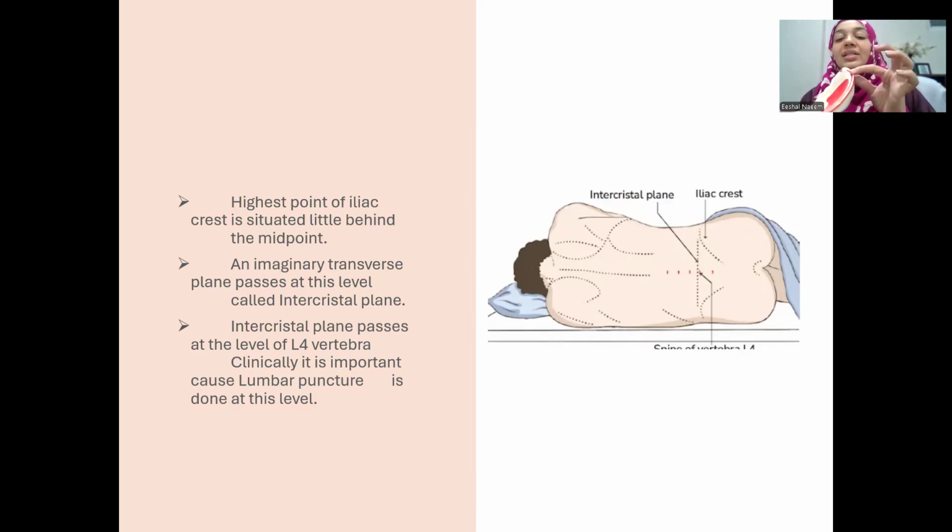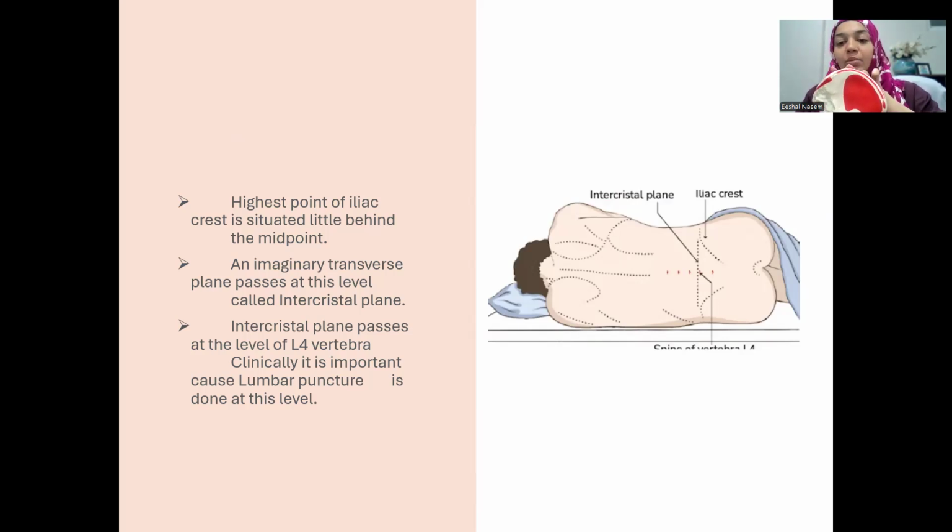There's another thing called the iliac tubercle. Just 2 centimeters behind this highest point is the iliac tubercle. This is the iliac tubercle. Can you see this? So the two tubercles joined together by an imaginary line are called the transtubercle line, and they represent the L5 level. As you can see, this is a little higher than this, which is the crest.